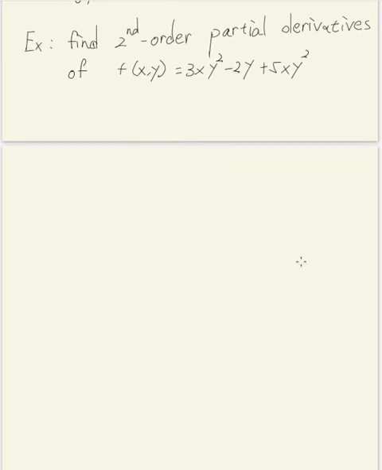All right, to find the second order partial derivatives, we must first compute the first order partial derivatives. We get f sub x. Since we have so many of them, I'm just going to skip the parentheses x, y again. F sub x equals 3y squared plus, oh, this is 5x squared, otherwise it wouldn't make sense.